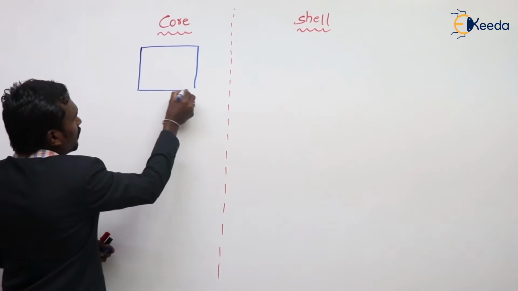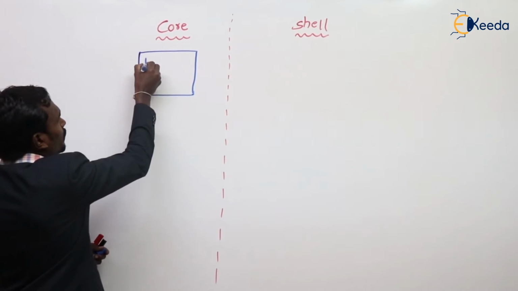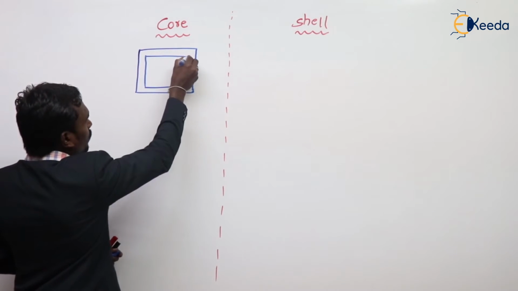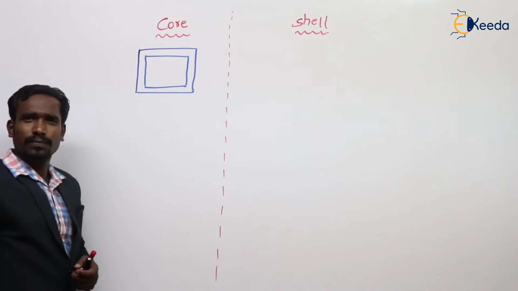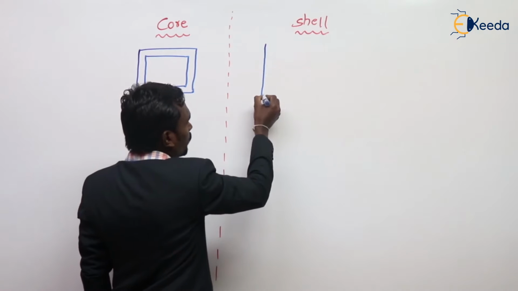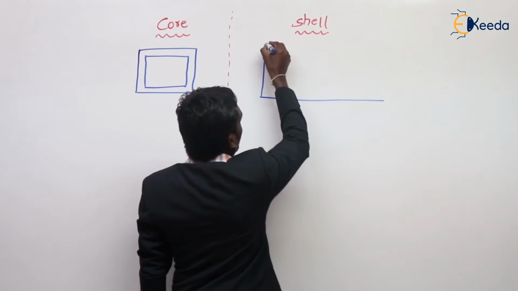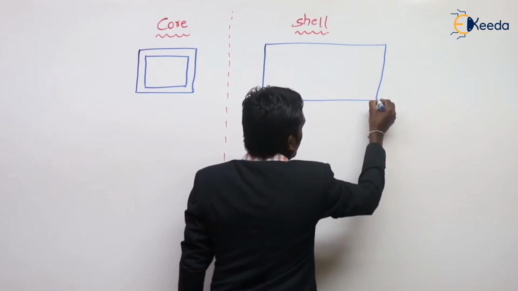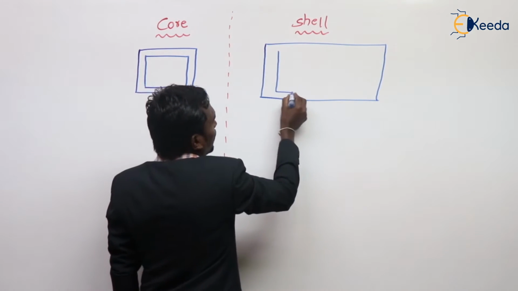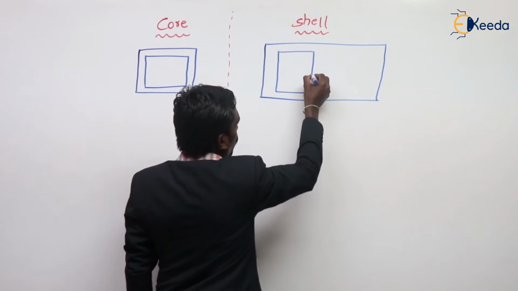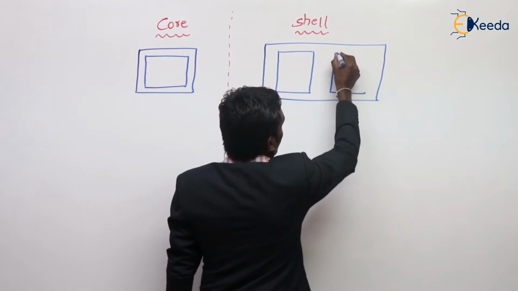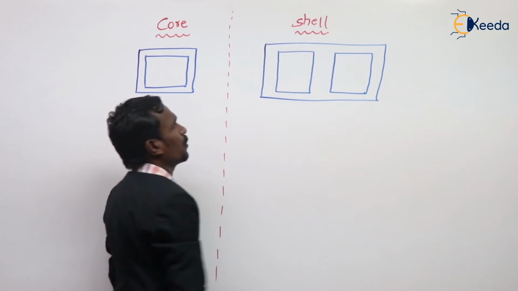See, this is the core type of transformer core, well known. And let's see the shell type. This is the shell type of transformer core.